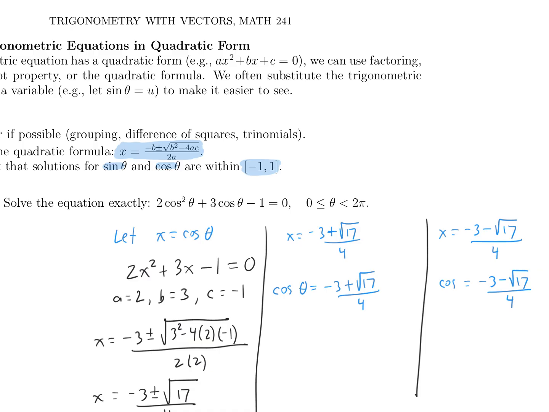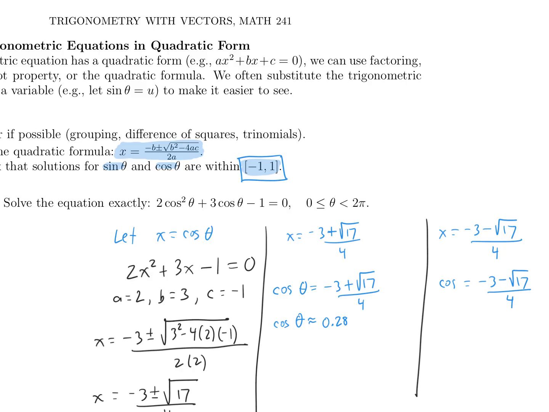So I'm going to save you a little bit of time. On the calculator, I already did this, and this is what I got. I got cosine theta is approximately 0.28, which is within our range. So that one's okay.